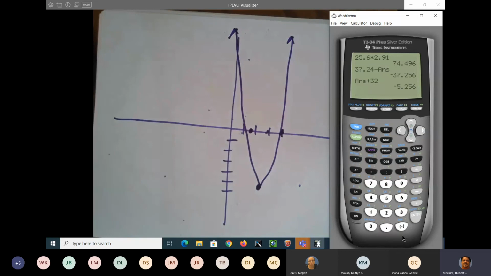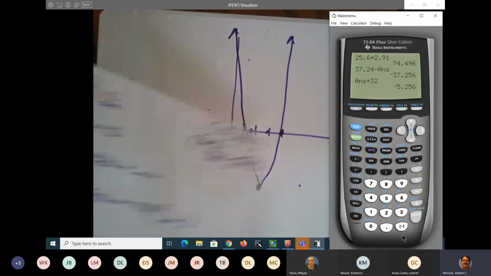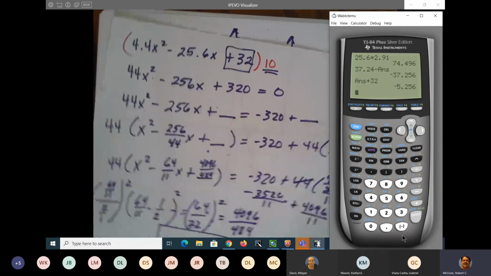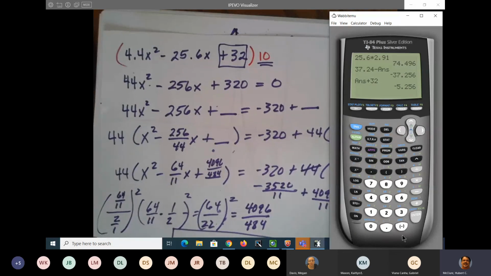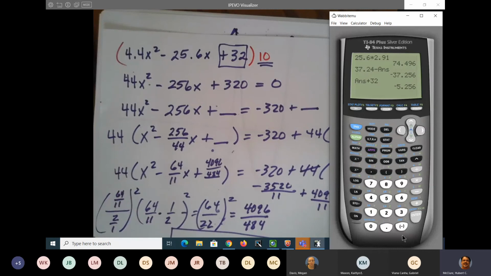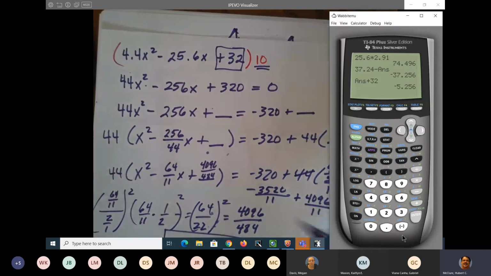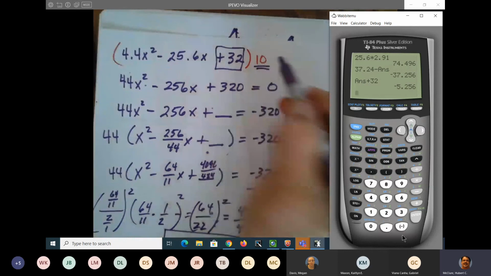I'll tell you what I'm going to do for you. I'm going to do this again by completing the square on my own, and I'm going to get it to come out right, because you can do this by completing the square. I think where I went wrong is I should have waited before I multiplied by the 10.